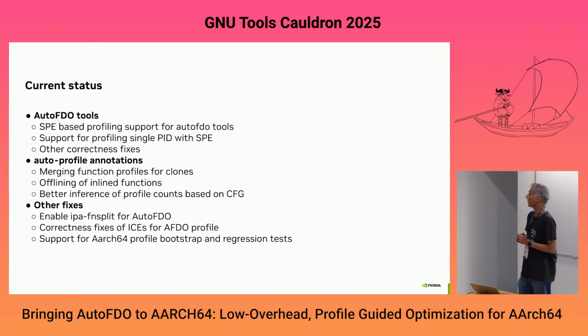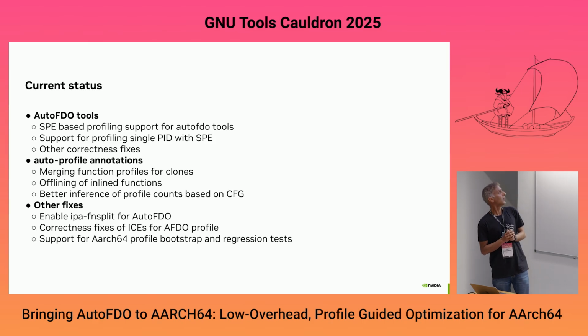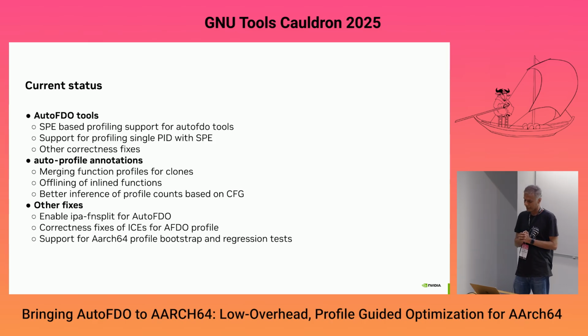On top of that, we have also added some changes to the AArch64 testing in GCC. So bootstrap testing and some regression testing support was added for AArch64, so that's now functional.